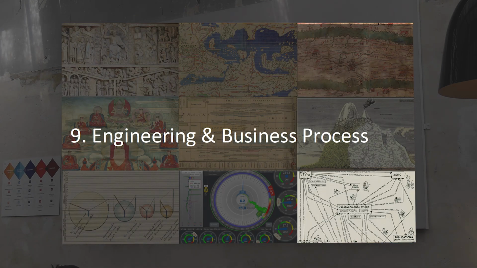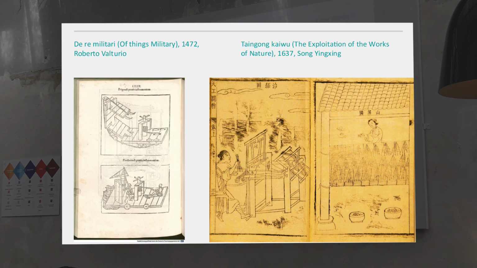So the last group here is engineering and business process, and I put them together because they share similar functions and visual language. Pre-industrial depictions of machines are essentially descriptive, such as these images. This is the military devices on the left from Italy, and methods for exploiting silk production on the right from China.